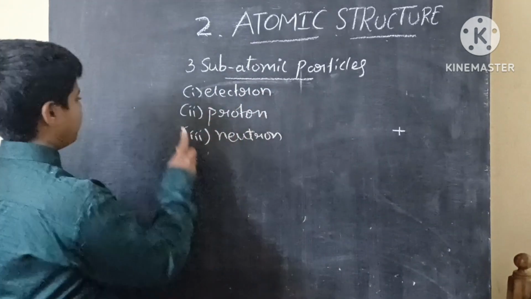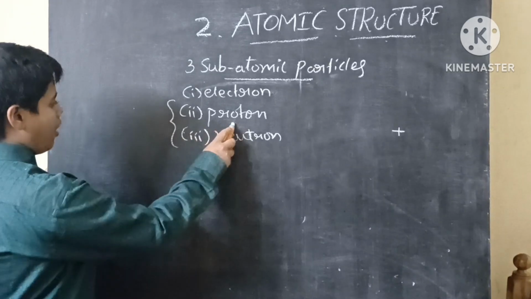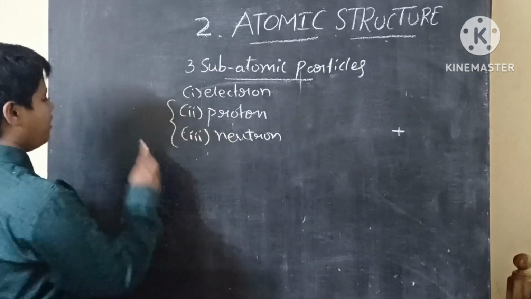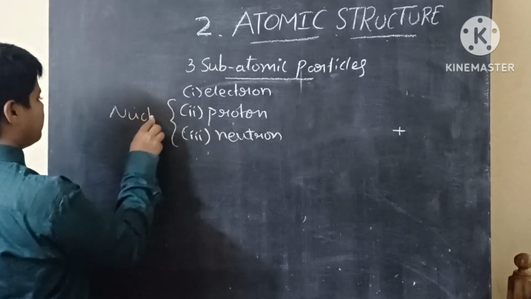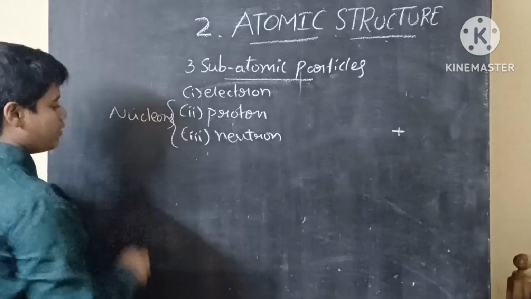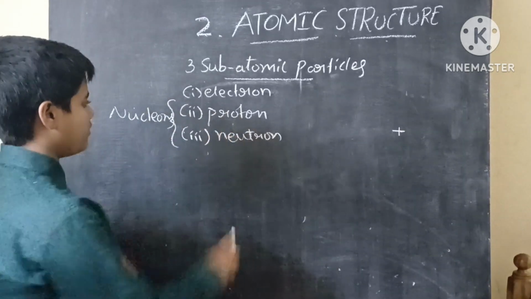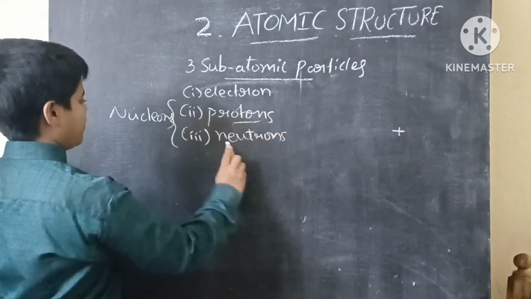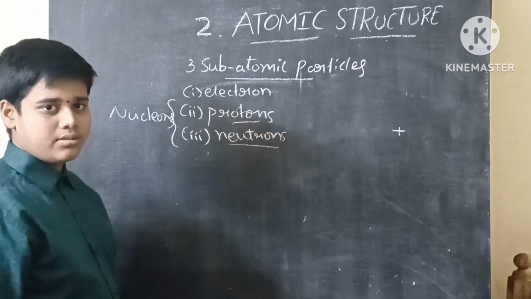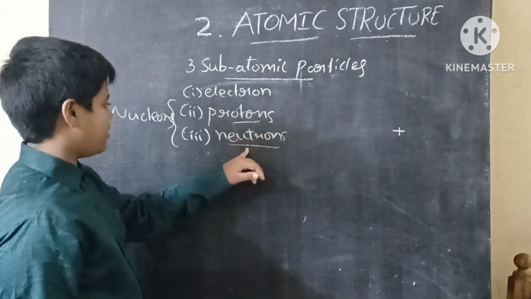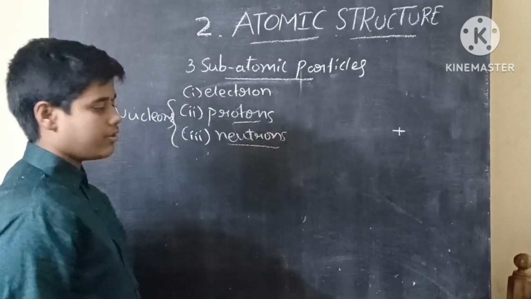So you have to remember this point. The combination of protons and neutrons is called nucleons. Okay, protons, this is neutrons, the combination is nucleons.